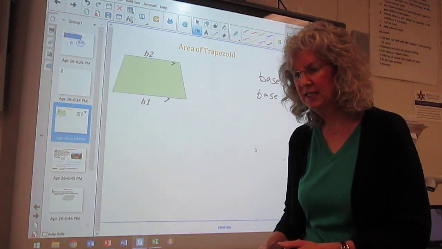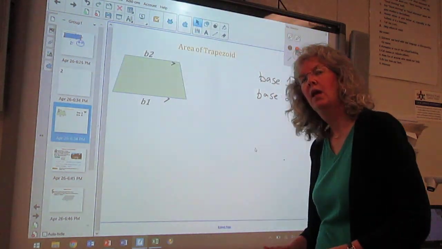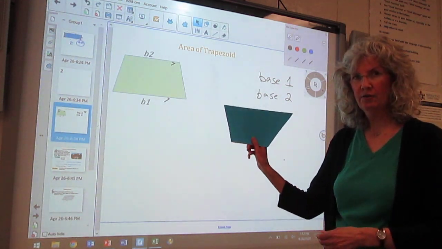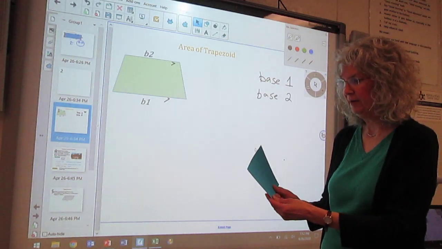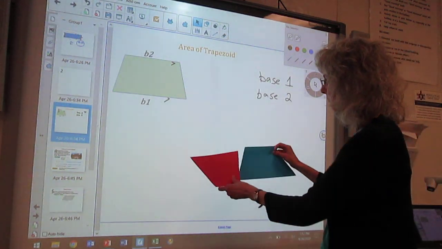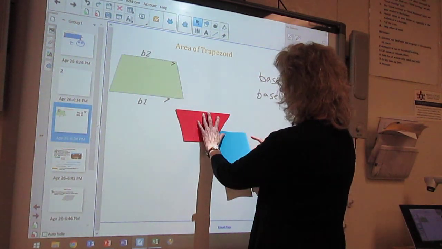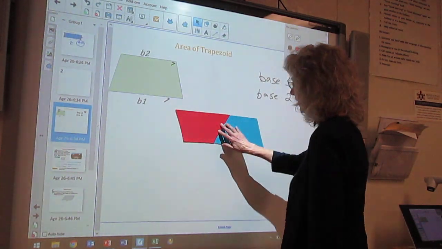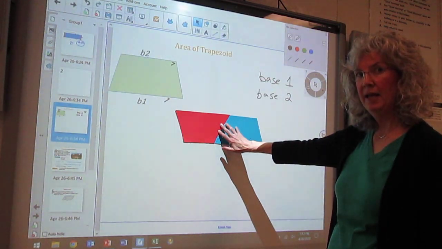Well, I want you to do a little experiment with me. I want you to take a piece of paper, and actually two pieces of paper, and cut out a trapezoid, exactly the same on both pieces of paper. When I separate the pieces of paper and turn one over, I think you can see that is going to make a parallelogram.